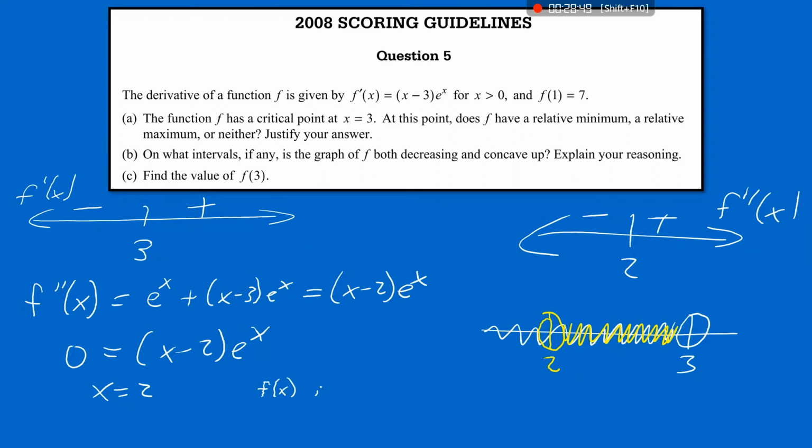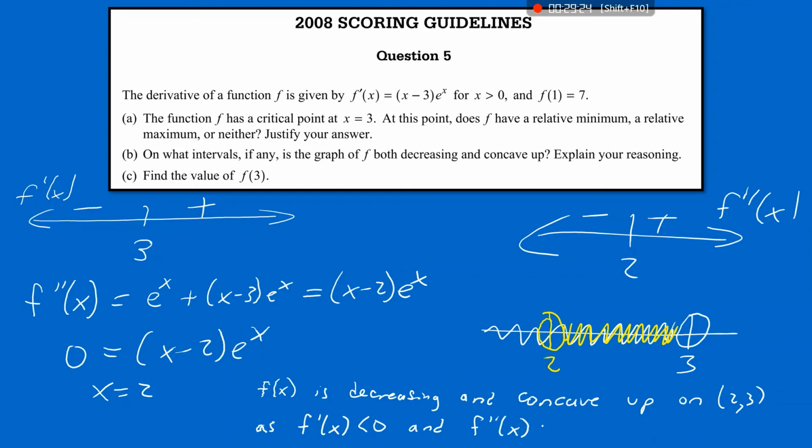F of x is decreasing and concave up on the interval (2, 3), as f prime x is less than 0, so that means the slope is negative, and f prime prime x is greater than 0, and the concavity is positive.